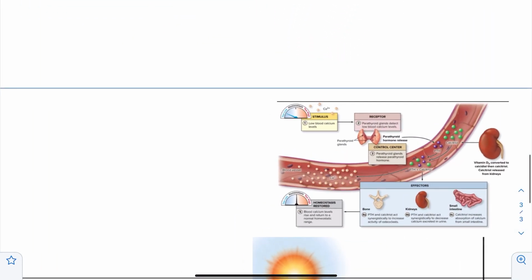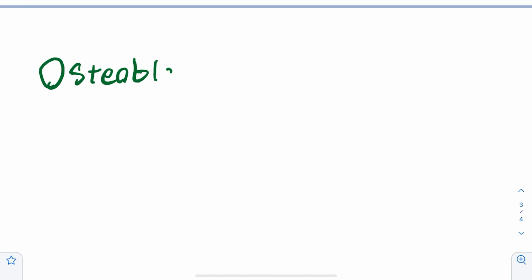So now we can look at what's called bone remodeling, because even when your bones are done growing, they're still very dynamic structures. Bone remodeling has to do with what we talked about earlier. A couple major players, we have osteoblasts, and these are going to build bone.